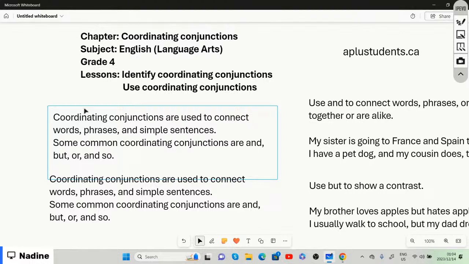The lessons that we are going to be focusing on under this chapter are to identify coordinating conjunctions and to use coordinating conjunctions.